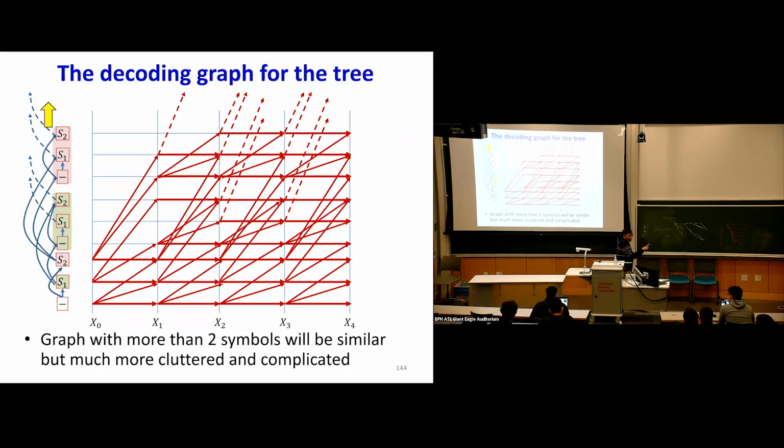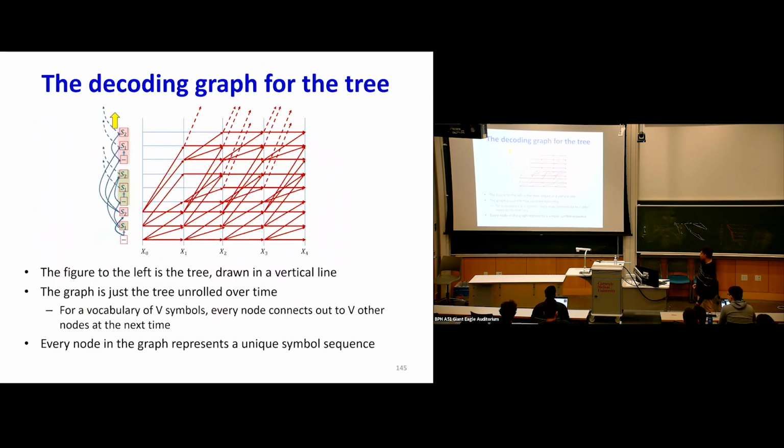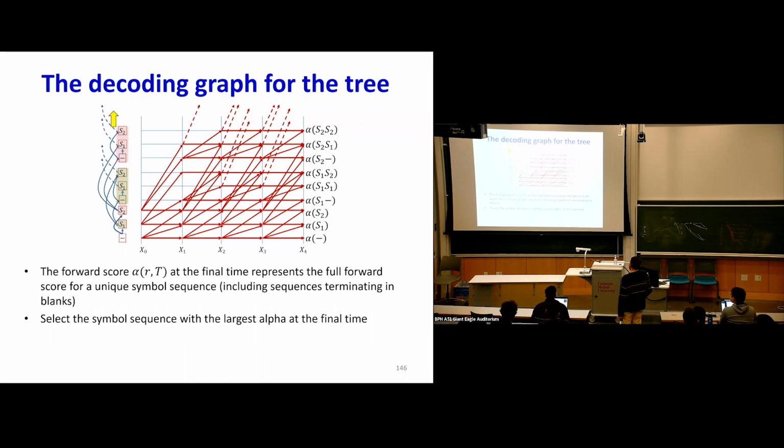So this has basically taken my tree, semi-tree, and unrolled it over time. Every node in this represents a unique probability, a unique symbol sequence. So every node in the trellis to the right represents a unique symbol sequence, correct? I can just use my forward algorithm to compute alpha for every node in this trellis.